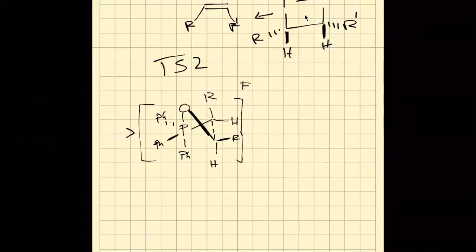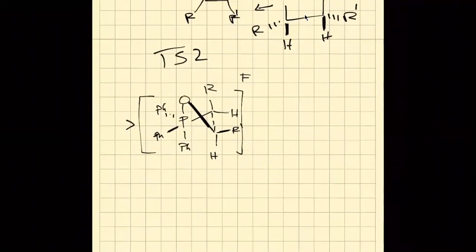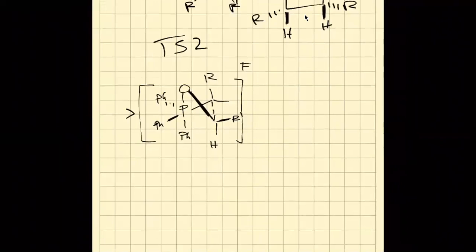The difference in TS1 and TS2 is the positioning of the R group and the hydrogen from your ylide, right? So in TS1, you can see that R is pointed up, and then the hydrogen is equatorial right here, and the R group is axial. But in TS2, it's the opposite. So this hydrogen now is axial, and then R is equatorial.